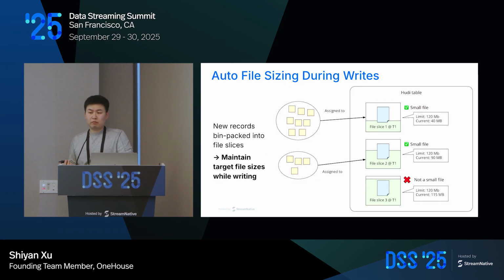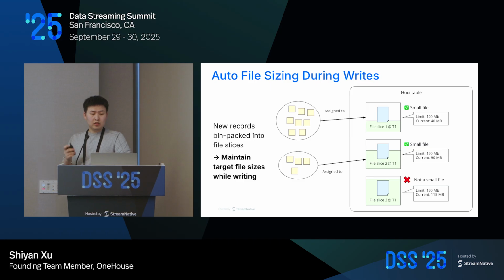Let's say 120 megabytes is the target size we want to maintain for these files. Because they are less than 120 megabytes, these files are identified as small files. While the third file, because its current size is already close to 120 megabytes, is identified as not a small file.